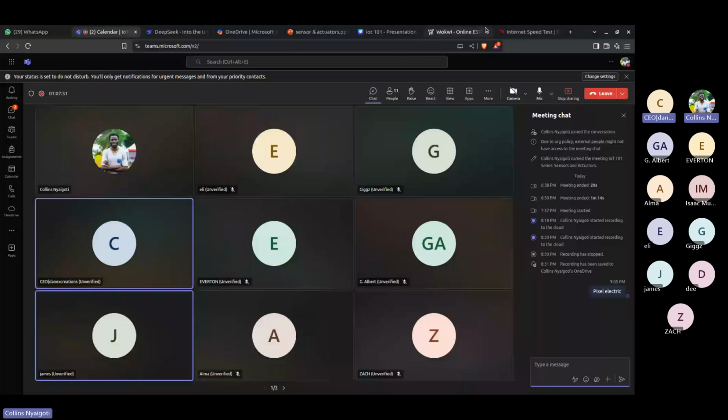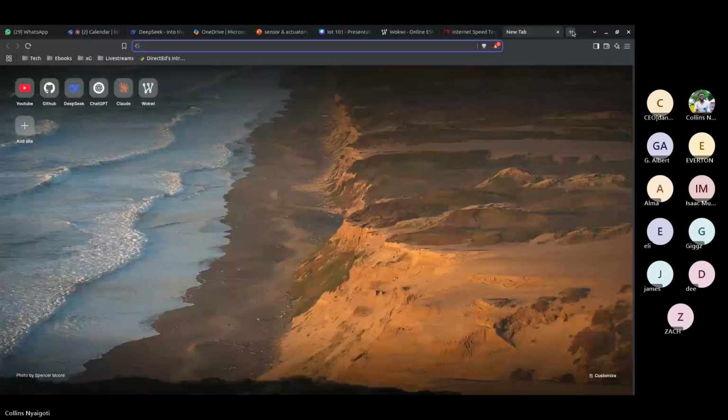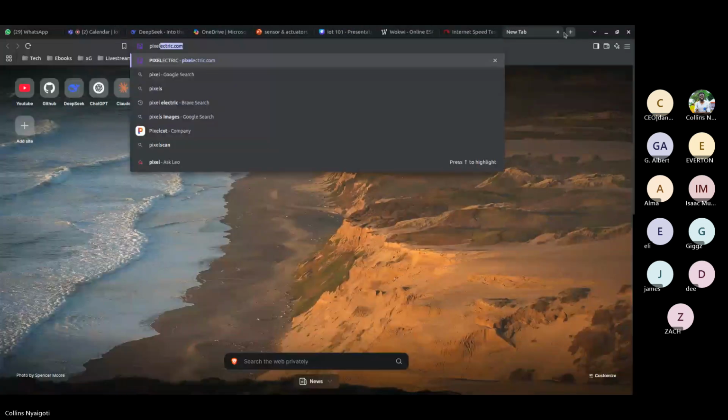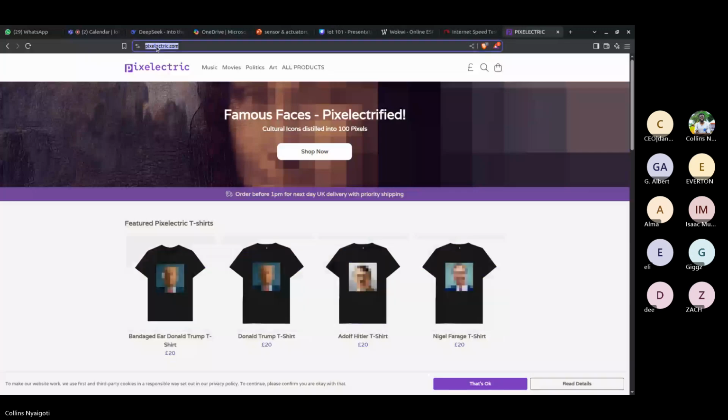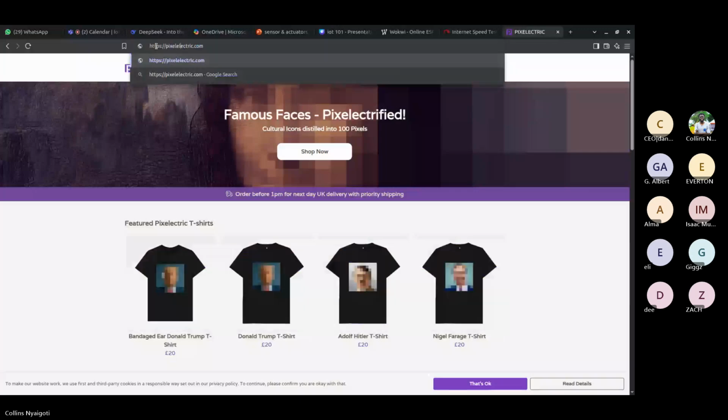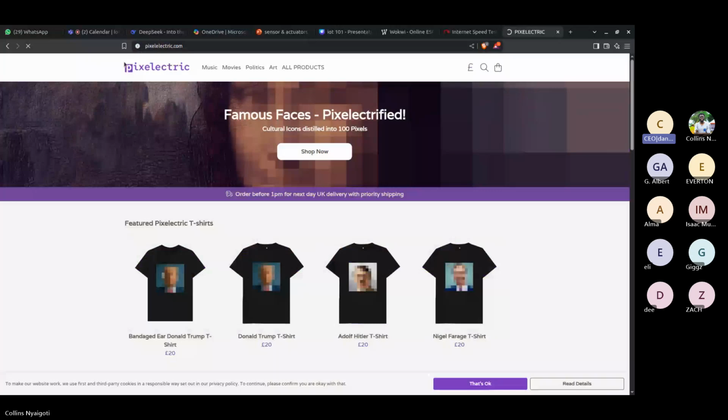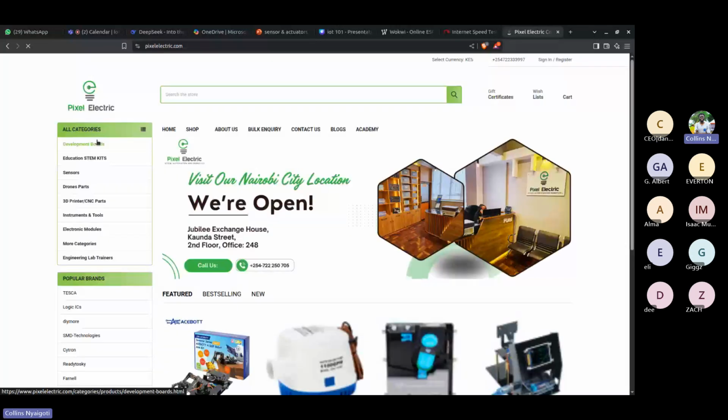Yeah, I think you can see. No, it's not this one. Pixel Electric. So you can see here they sell different types of actuators.